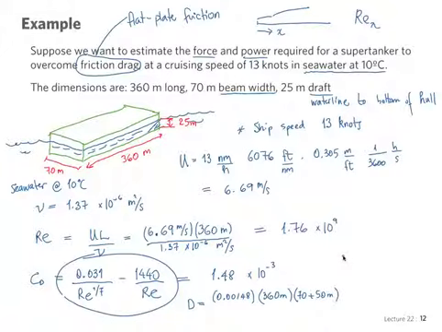The bottom and the two sides. Then we have 1/2 rho of seawater, 1020 kilograms per cubic meter, and V squared, 6.69 meters per second squared.